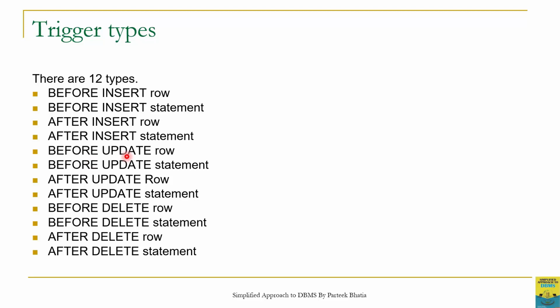In the same way it will be before update row level and before update statement level, after update row level and after update statement level. So we have 4 types for update, 4 types for insert, and there are 4 types for delete statement. And these are before delete row level, before delete statement level, after delete row level, and after delete statement level. So these are the 12 types of triggers.